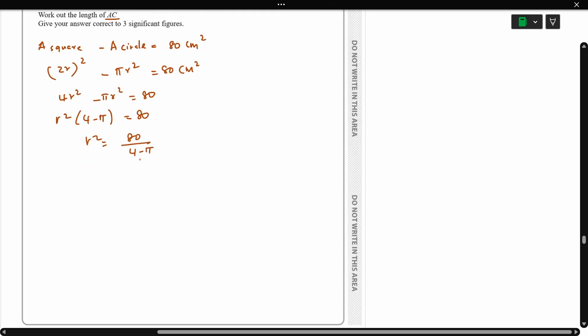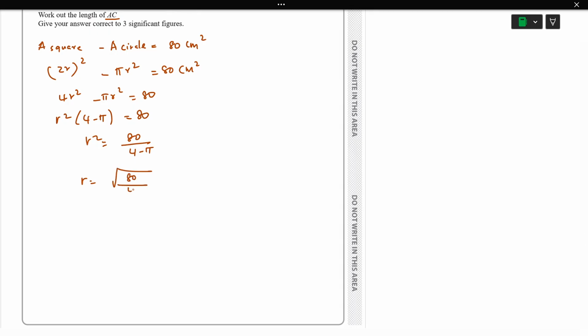So the next is r equal to square root of 80 by 4 minus pi, which is 9.65379. I'll round it to 2 decimal places, r equal to 9.65.